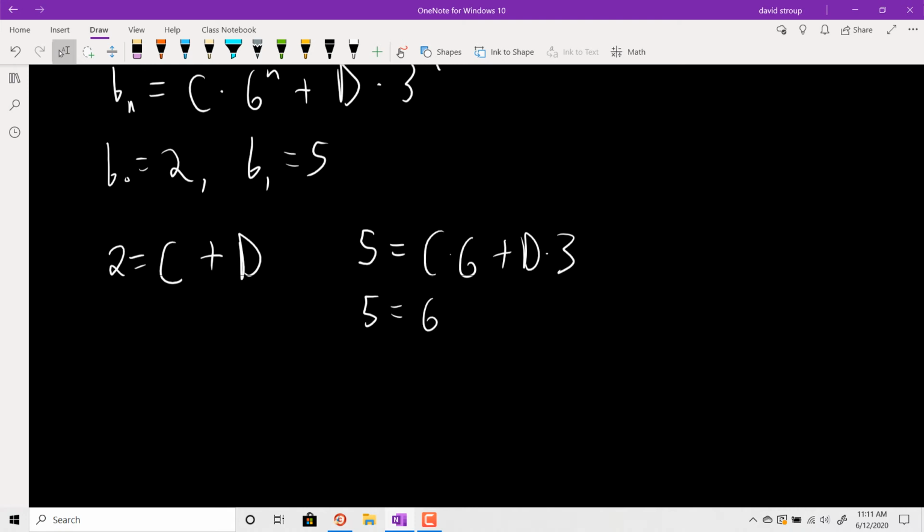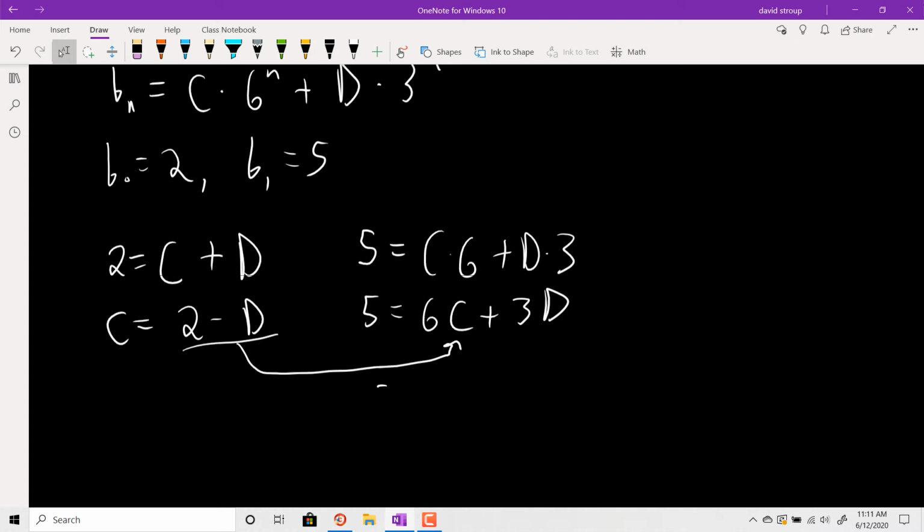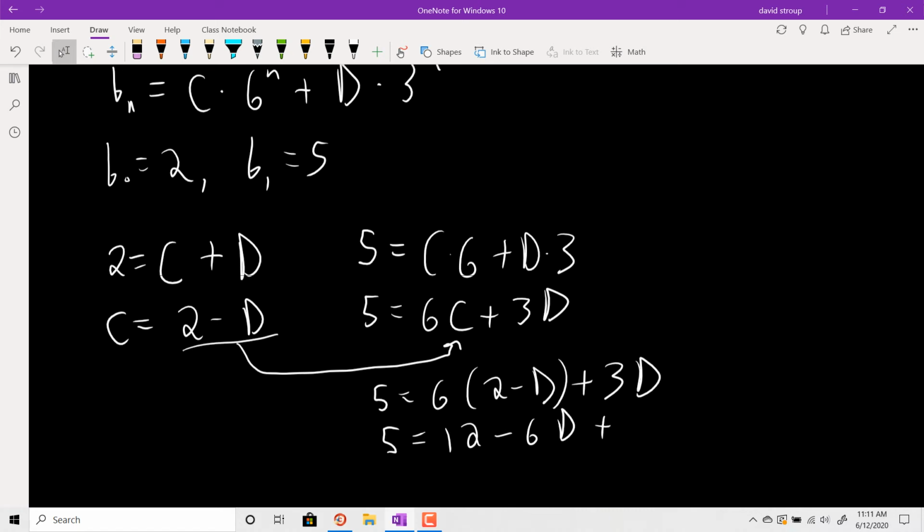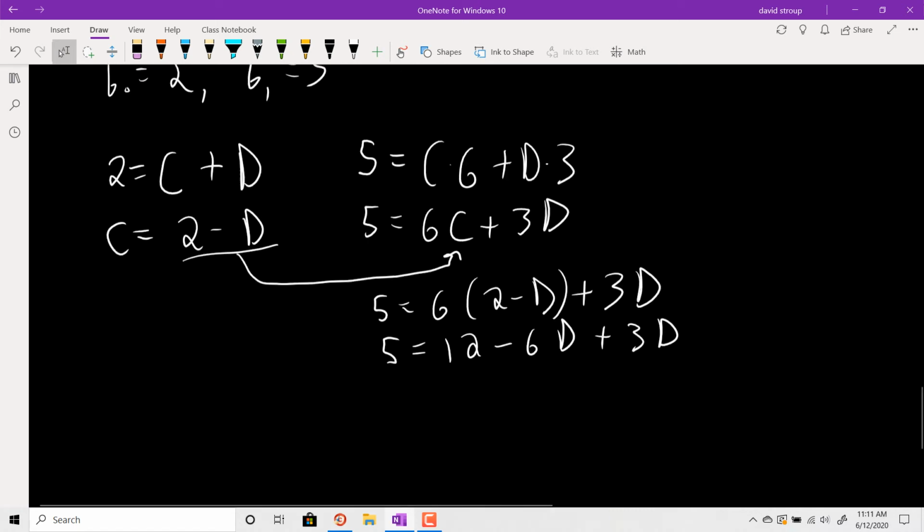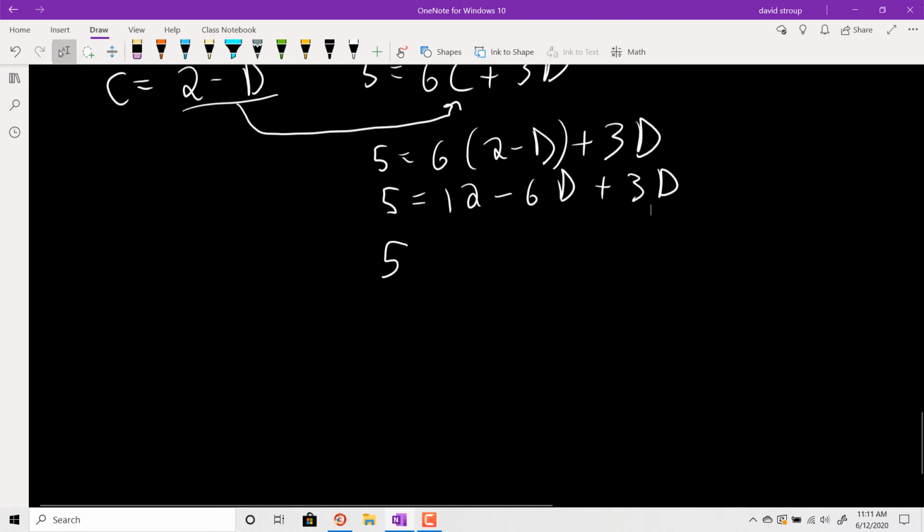Let me rewrite this. And I'll solve the first equation for c. c equals 2 minus d. And then substitute that expression in for c over here. So 5 equals 6 times (2 minus d) plus 3d. And then 5 is 12 minus 6d plus 3d, and then 5 is 12 minus 3d.